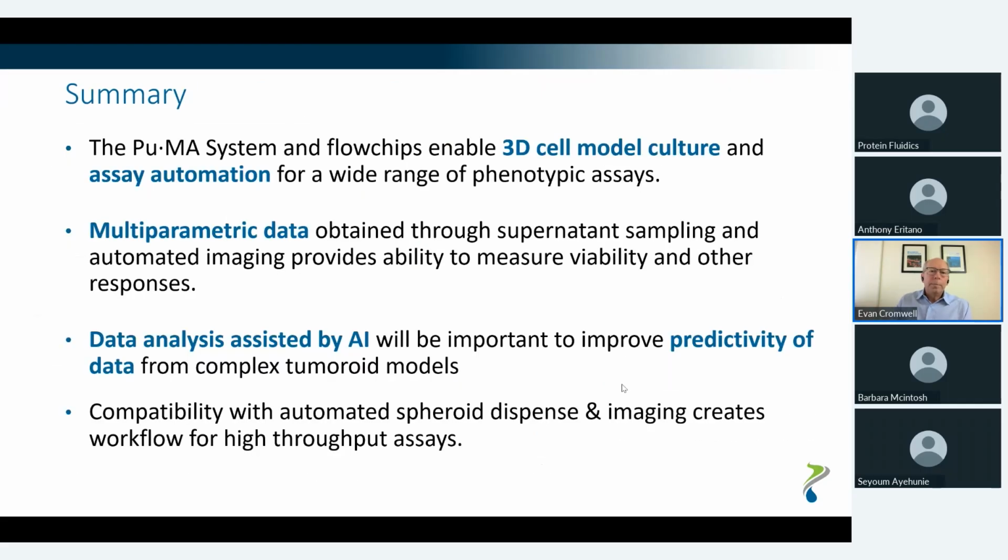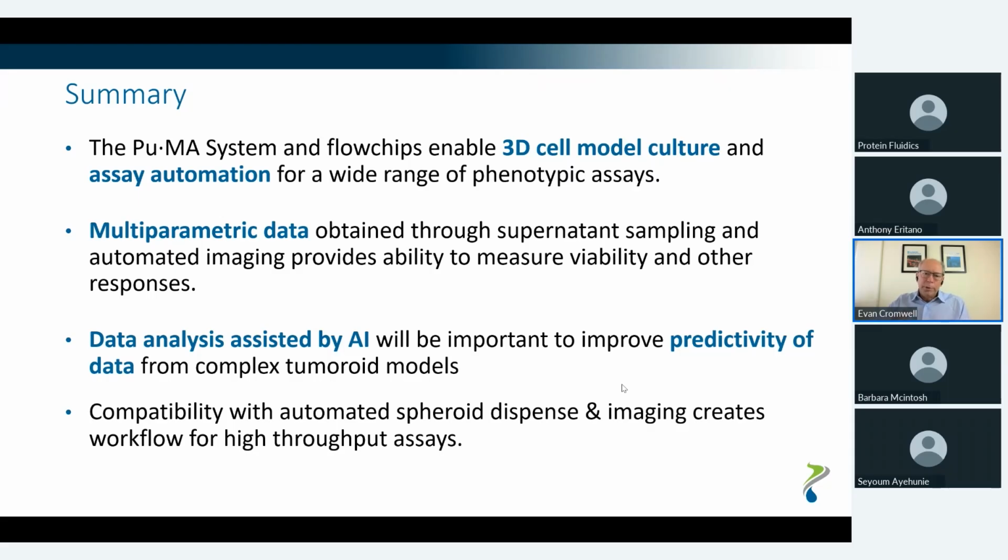So in summary, I think we brought the Pu.Ma system to market to really help researchers who are using 3D cell models and struggling with manipulation and running assays with them. So we improved the efficiency, we improved the capability that you can do with those on a benchtop automation system, and allow you to get multi-parametric data.